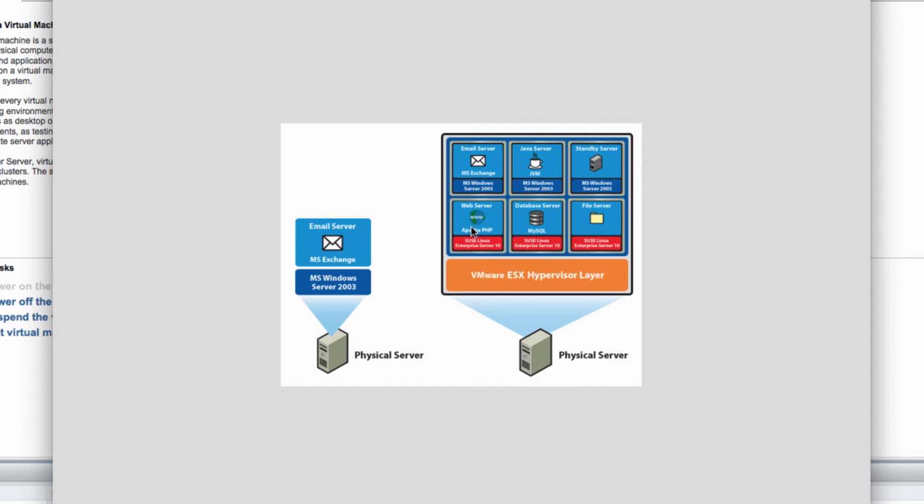So we can have a web server and a database server and a file server and a Java server, although Java server is really more like Tomcat servers these days and Jetty and stuff like that. And of course our email server, but the same physical box is being much better utilized, way better return on investment. Maybe we only have to have like say a dozen servers as opposed to 6 dozen servers.